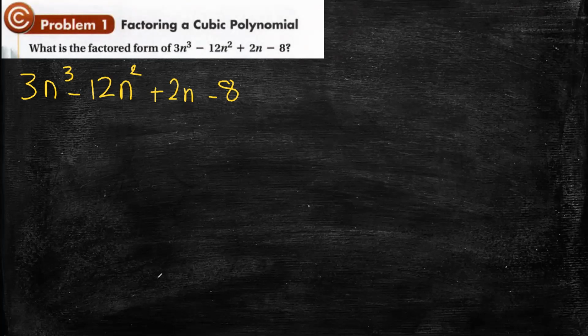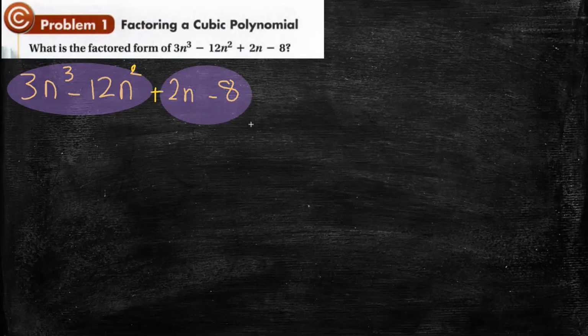Let's make this group plus this group. So we have 3n cubed minus 12n squared, plus 2n minus 8.